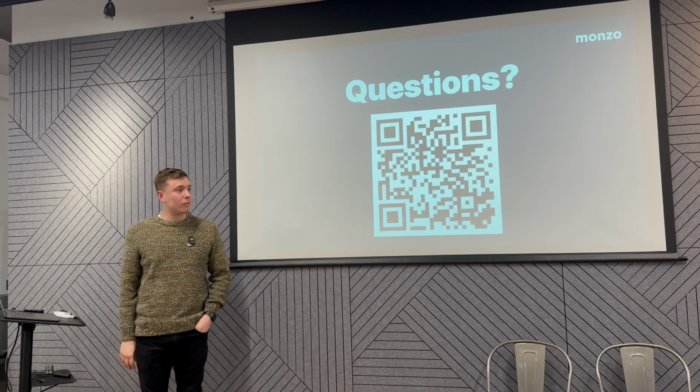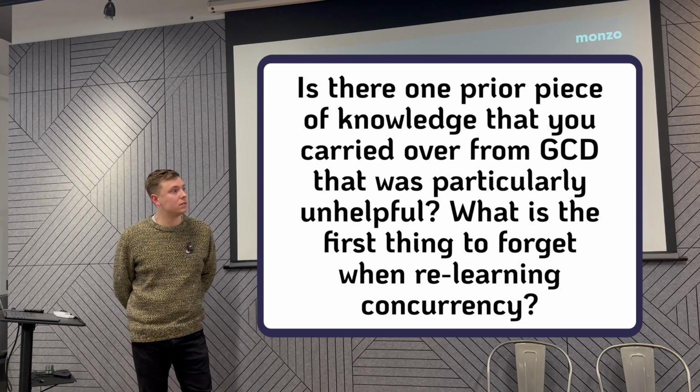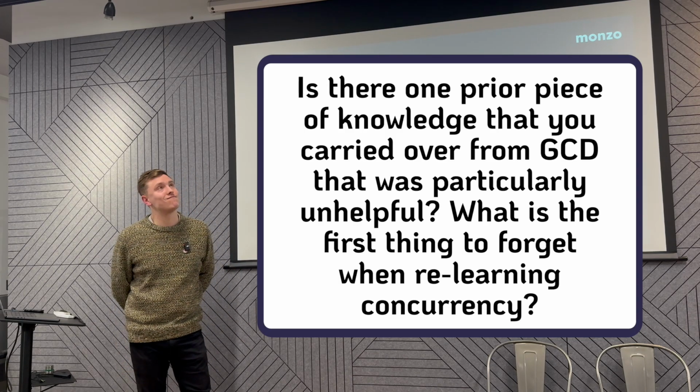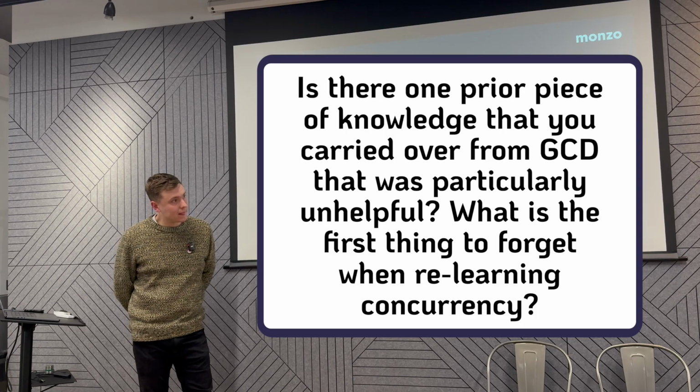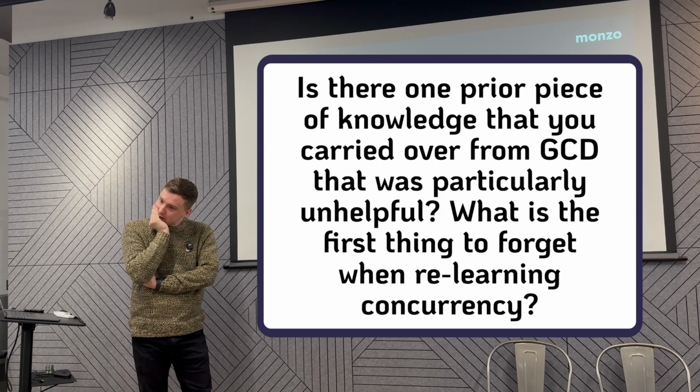Is there perhaps one prior bit of knowledge that you may carry over from GCD that is massively unhelpful, the first thing to jettison in learning how to do things?